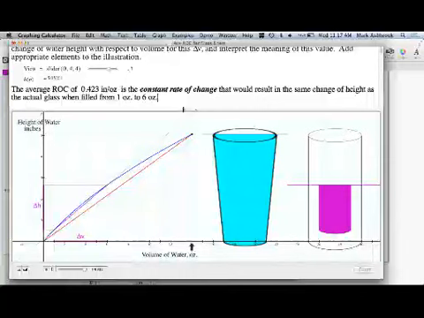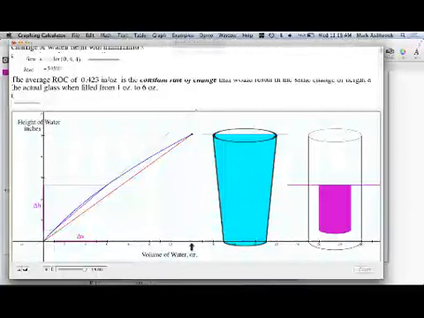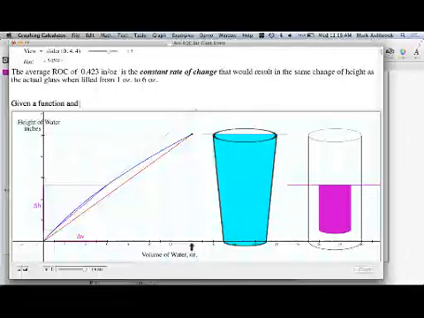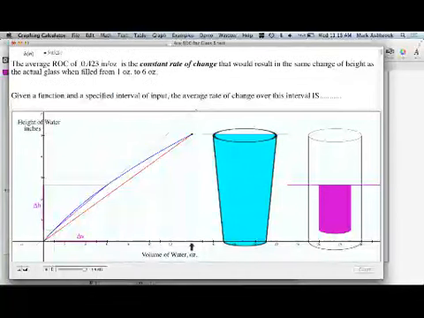Who thinks they can do it? Somebody new. Someone we haven't heard from yet. Janae, can you do it? Given a function and a specified interval of input, the average rate of change over this interval is, who can do it?